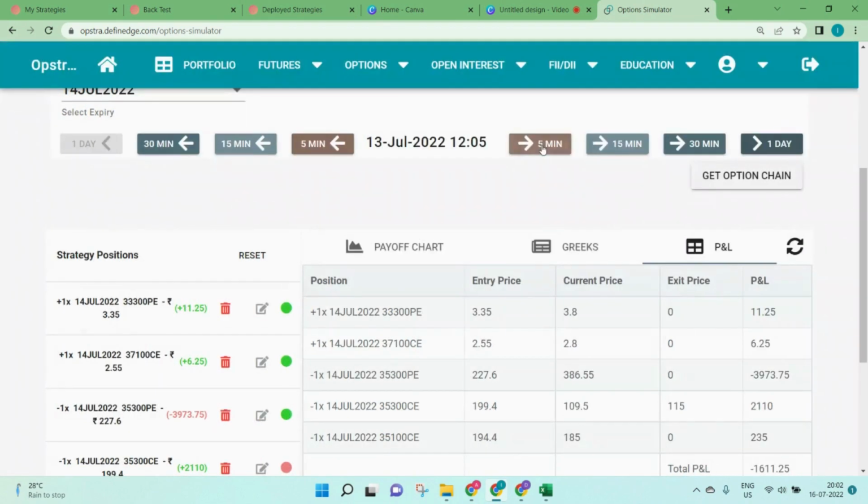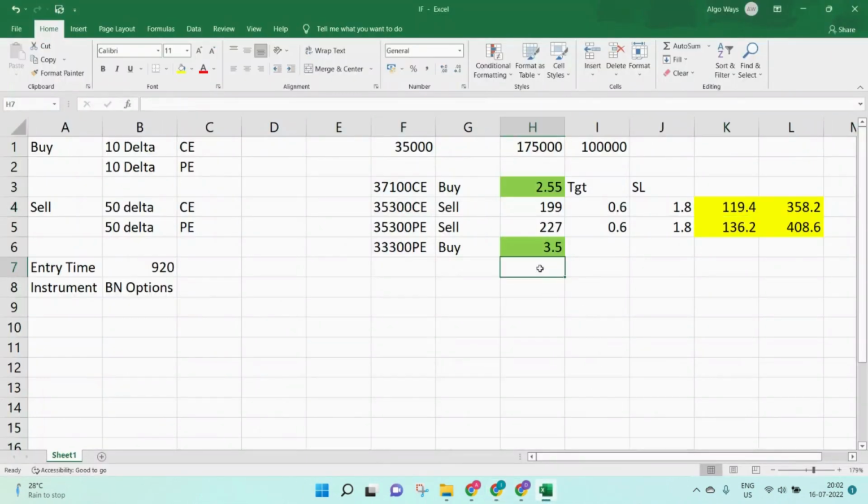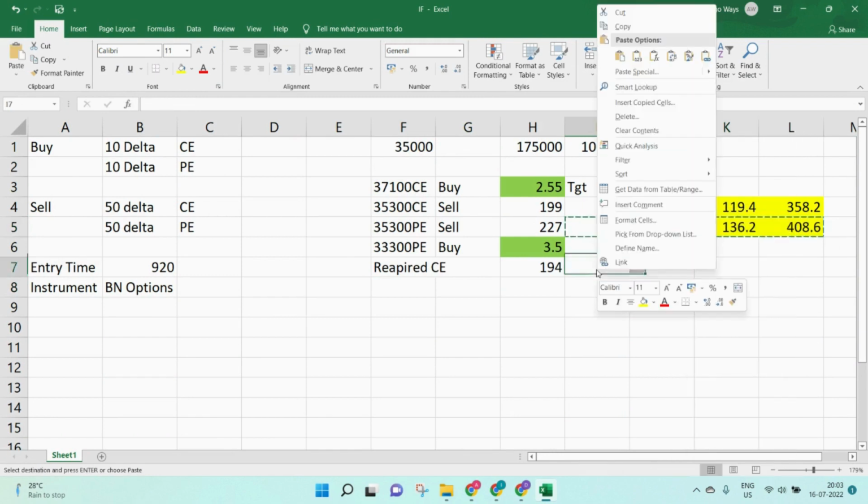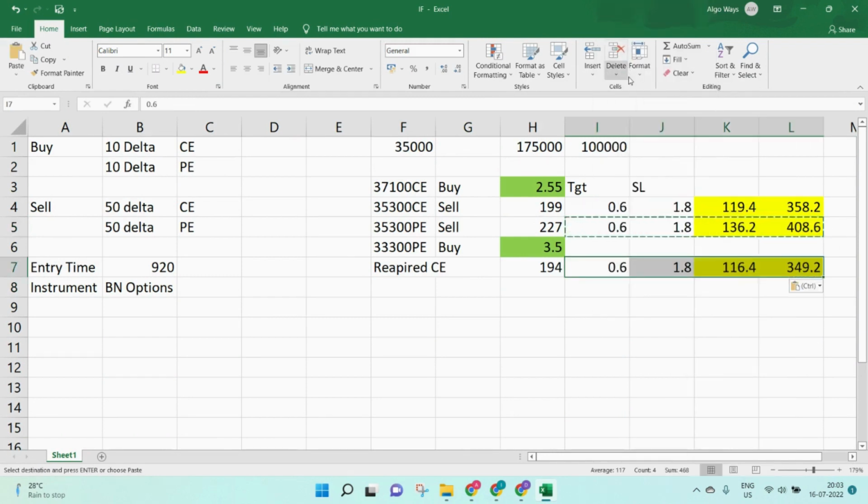Okay, now since we entered this leg at 194, this is the repaired CE. So the same rule will apply on this as well for the stop loss and target.